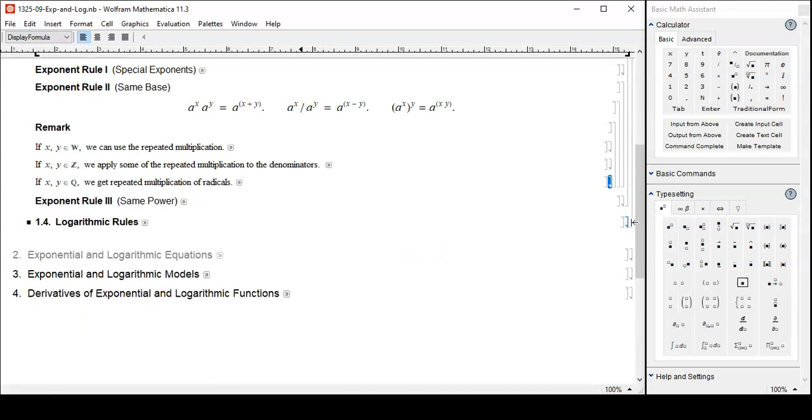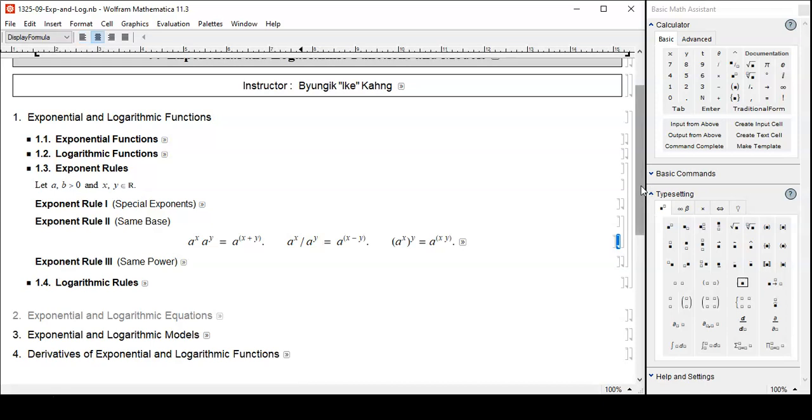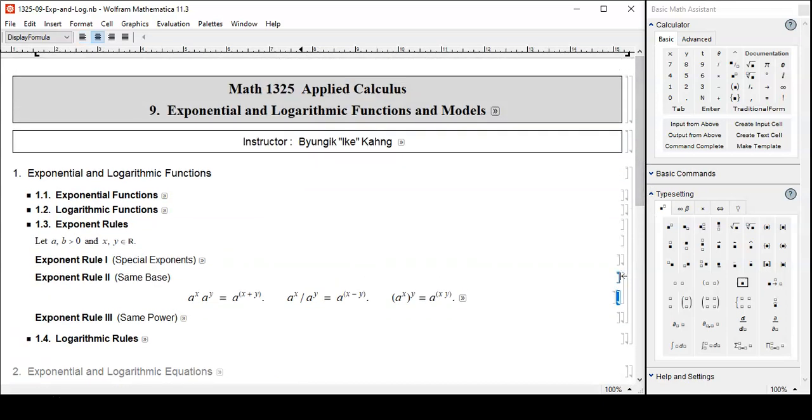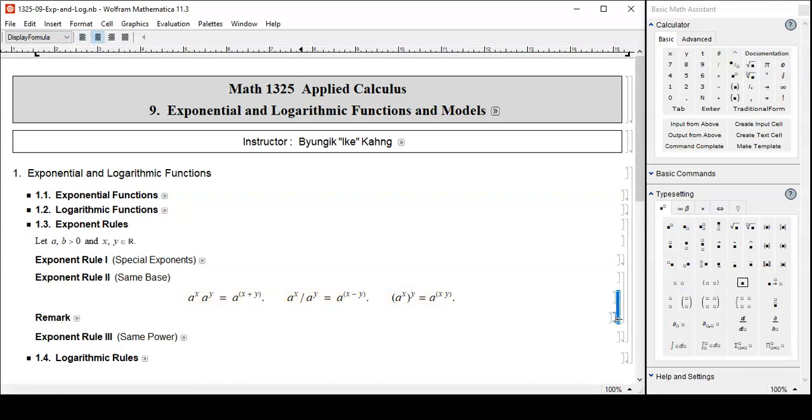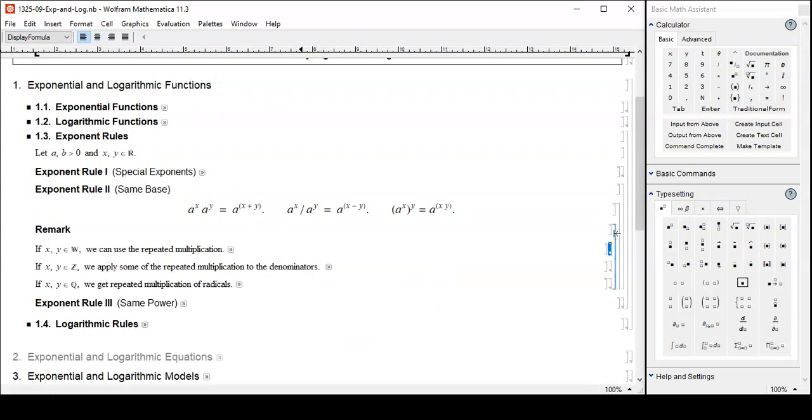I take more detailed viewpoints for STEM algebra and also STEM calculus. But here, everybody has to remember the end result, of course. And to remember the end result, some kind of reasoning like this in terms of repeated multiplication will be helpful.